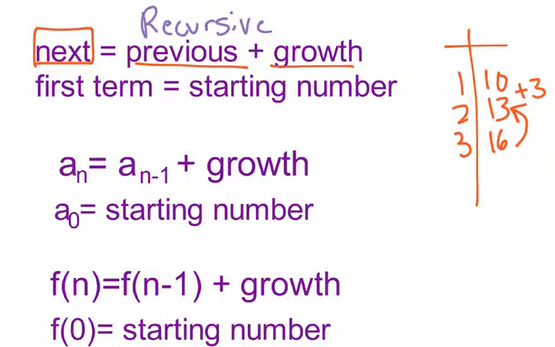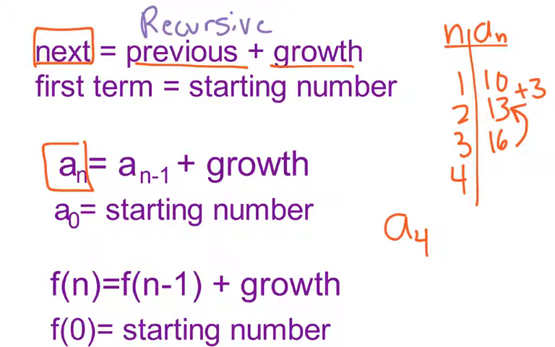Now, when we talk about them in the recursive formula, we use a sub n to refer to these outputs. Say we want to get number 4, so a sub 4. Remember that the subscript number is just which term we're dealing with, which n.